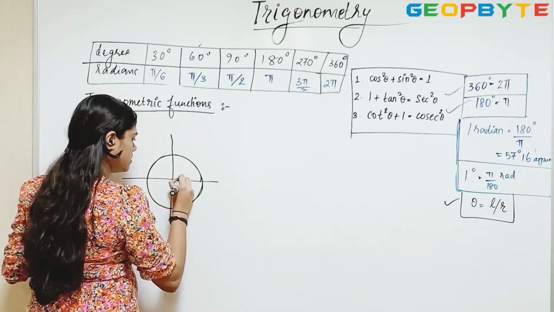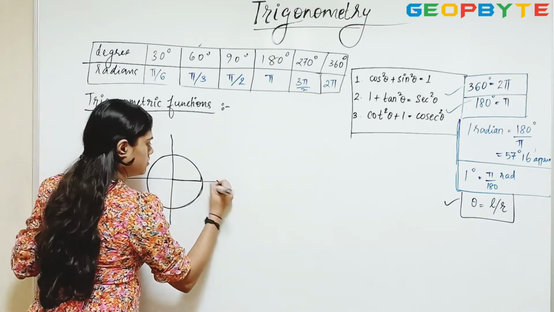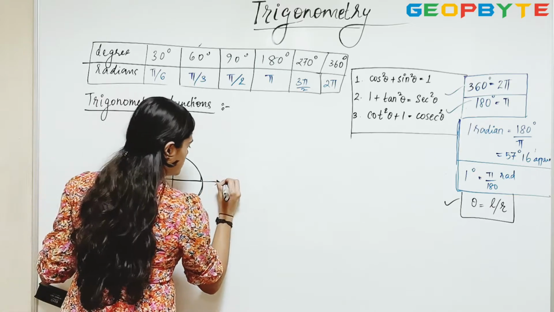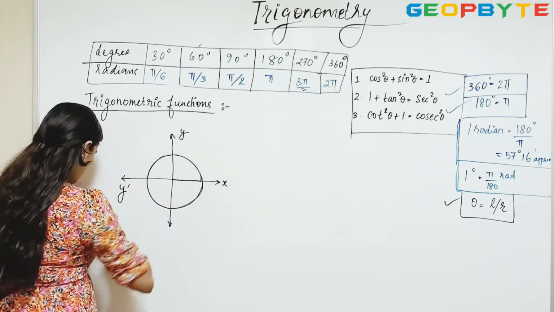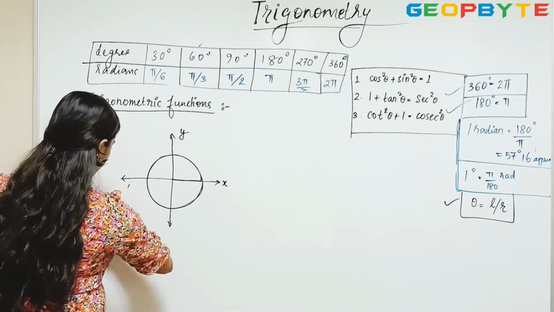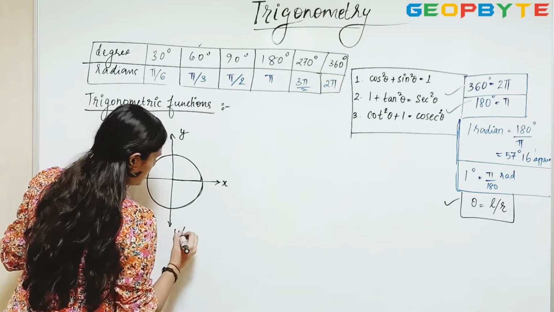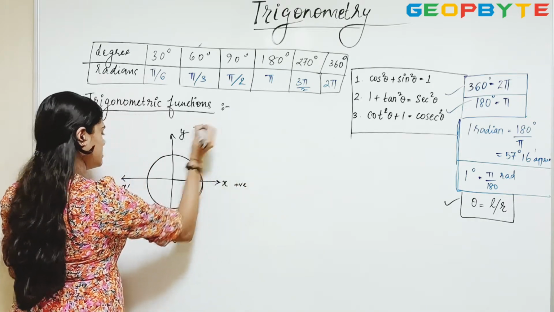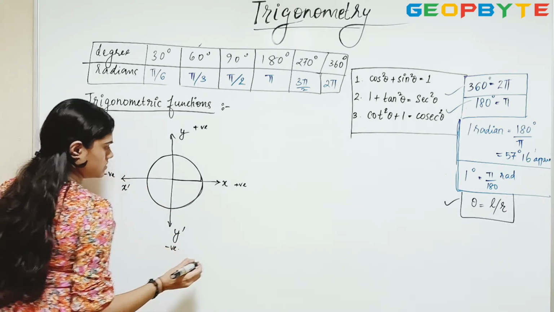I told you I have taken my radius as 1. So this is my x axis, y axis. Never forget to name your axis. This is my positive, this is my positive, and this is my negative, and this is my negative.